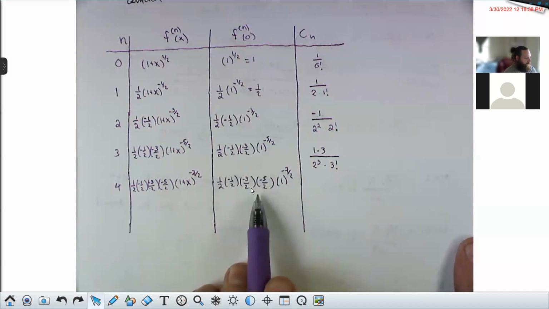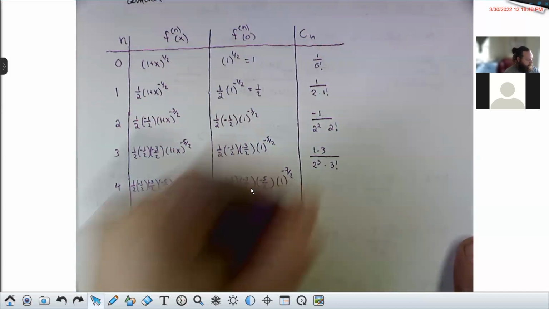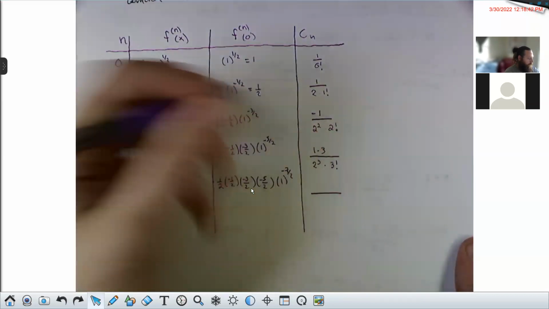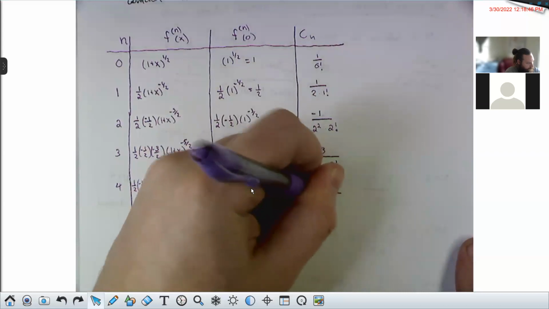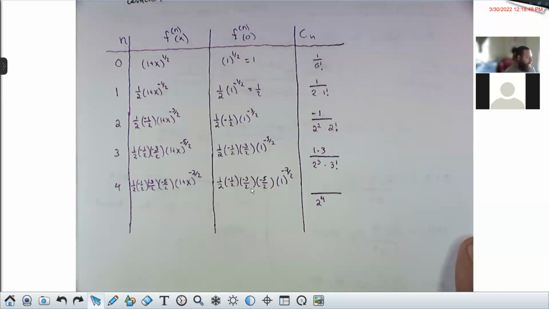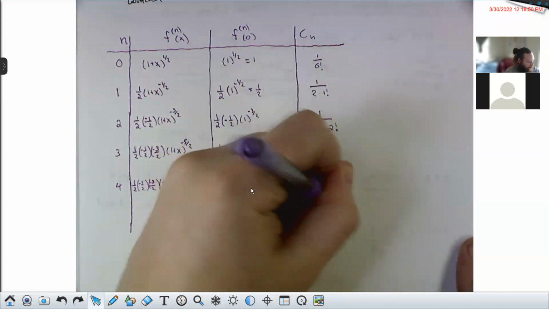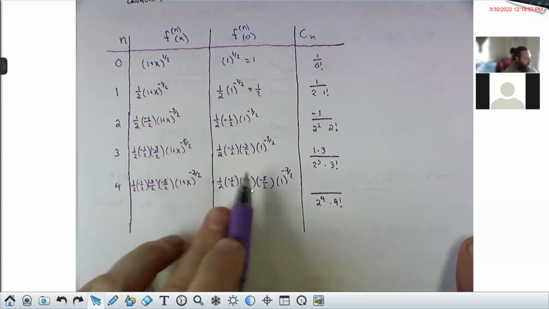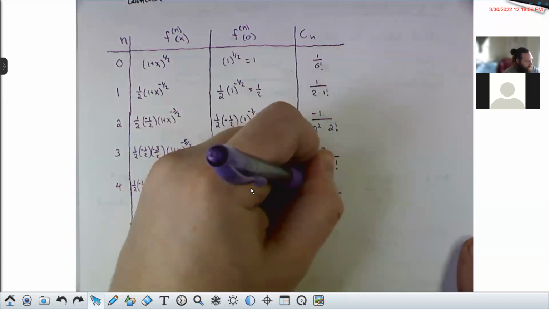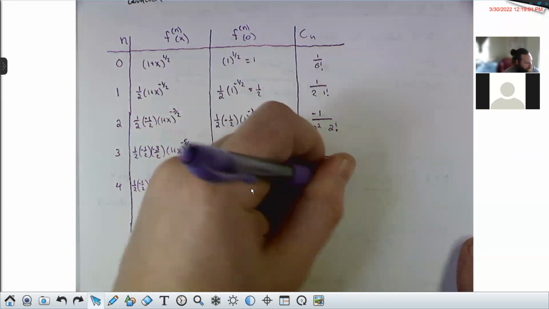Simplifying this a little bit and dividing by 4 factorial, I get downstairs 2 times 2 times 2 times 2, 2 to the 4. I divide through by n factorial, so there's a 4 factorial. And then upstairs I have 1 times negative 1 times negative 3 times negative 5, which I'll write as negative 1 times 3 times 5.